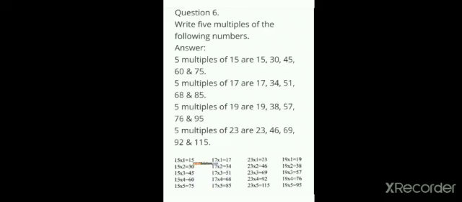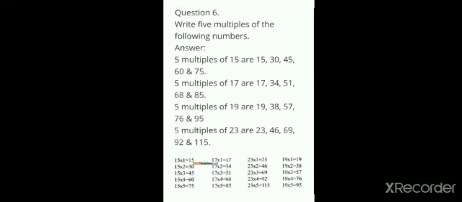So, the multiples of 15 are 15, 30, 45, 60 and 75. And the multiples of 17 are 17, 34, 51, 68 and 85. And the multiples of 19 are 19, 38, 57, 76 and 95. And multiples of 23 are 23, 46, 69, 92 and 115.